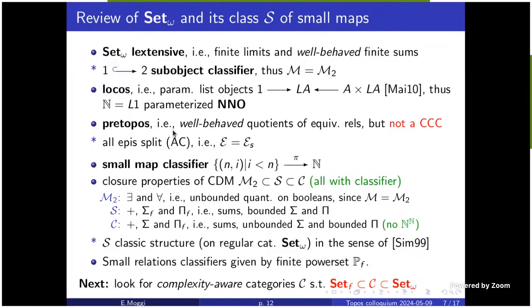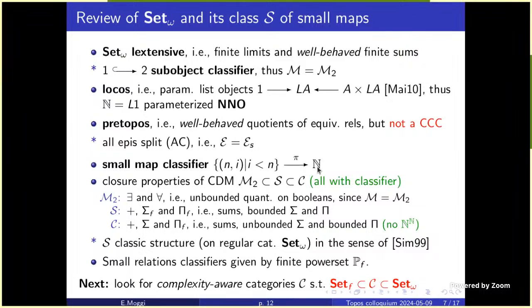It's a pretopos, so it's much more than extensive. We have the axiom of choice, so all epis split, but of course, this is not what in general should happen.